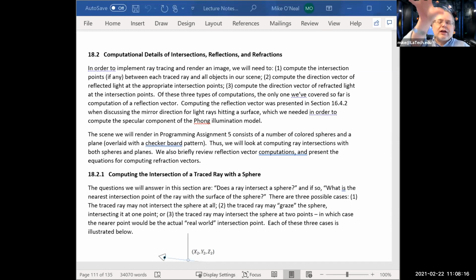So the rays shoot out of your eyeball, they go through the pixels of the screen, and they go into the environment, and maybe they hit things and maybe they don't. And if they hit things, maybe they bounce around, reflect and refract. And so we build up an image or a pixel from the interaction of the various rays.